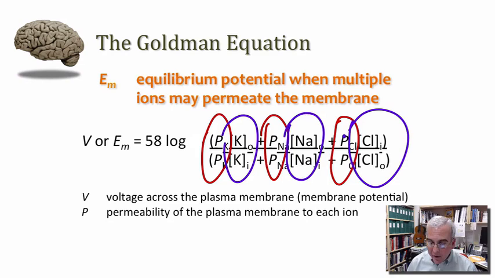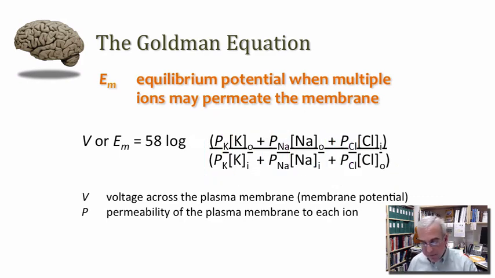Now you may be wondering why the ratio of chloride inside to out is reversed compared to what we see here for potassium and sodium.